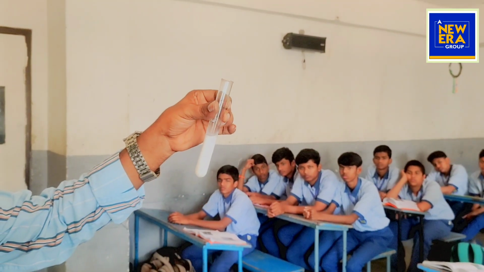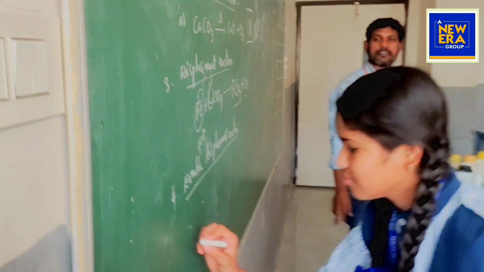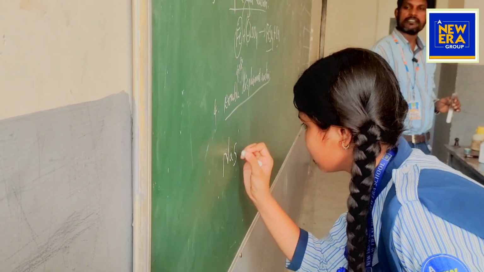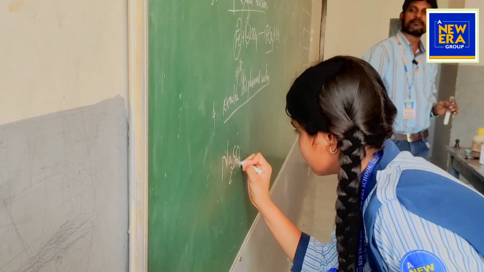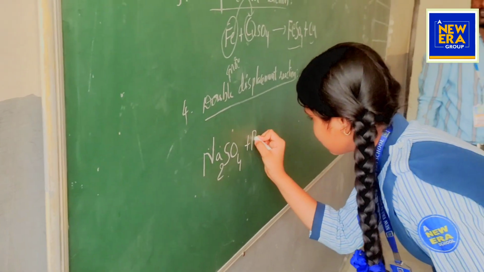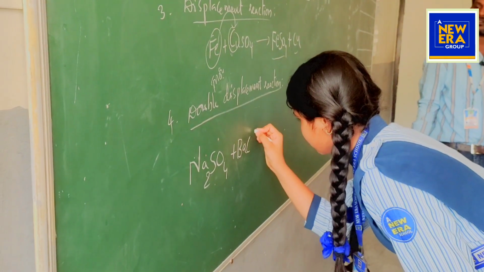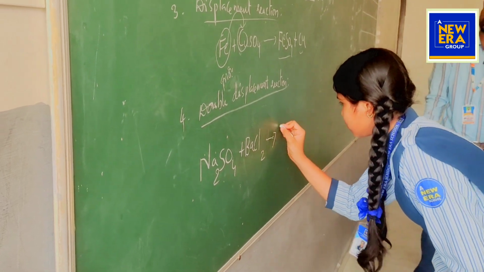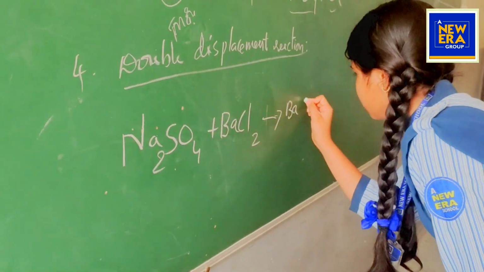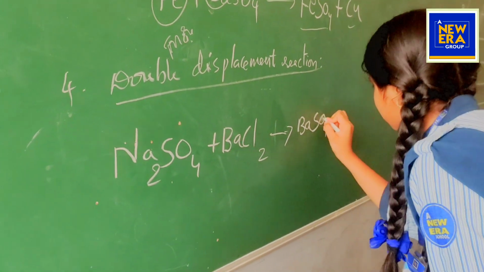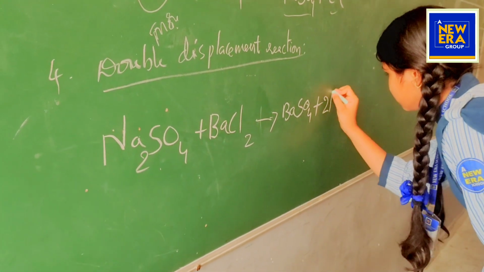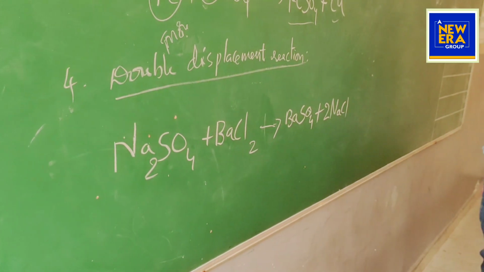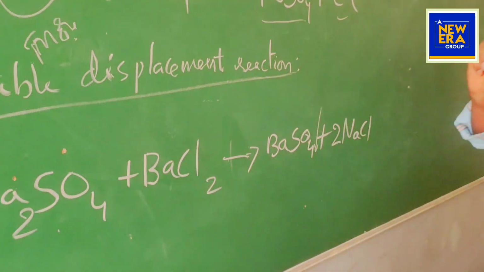A white precipitate is formed. Double displacement reaction. Sodium sulfate and barium chloride. Here we have to put a downward arrow that represents precipitate.